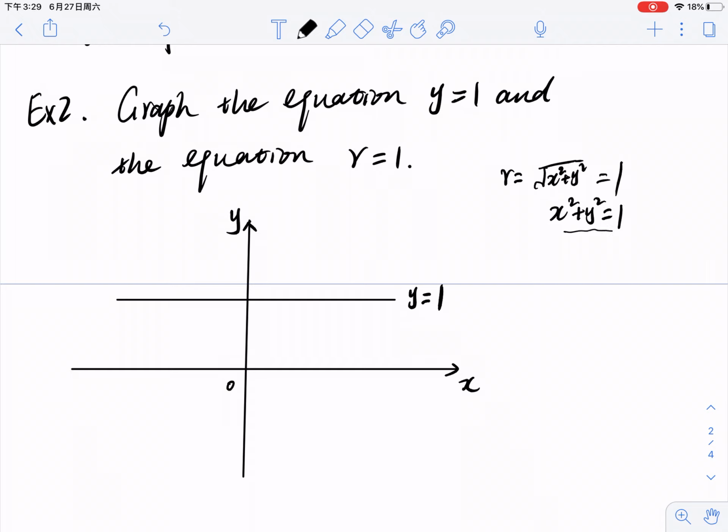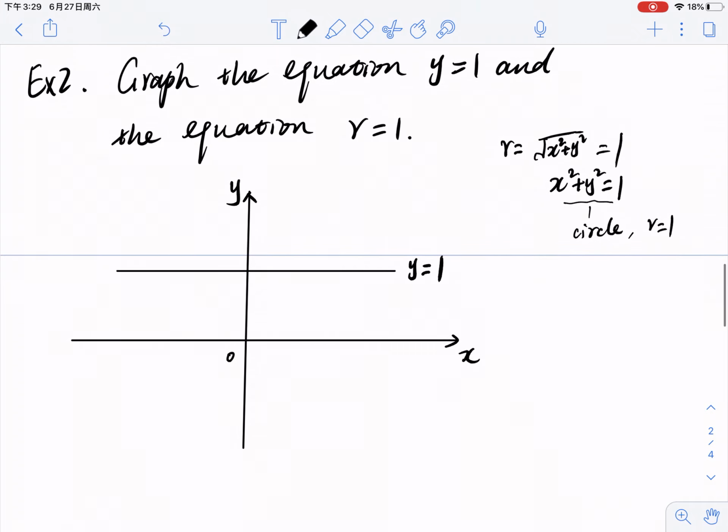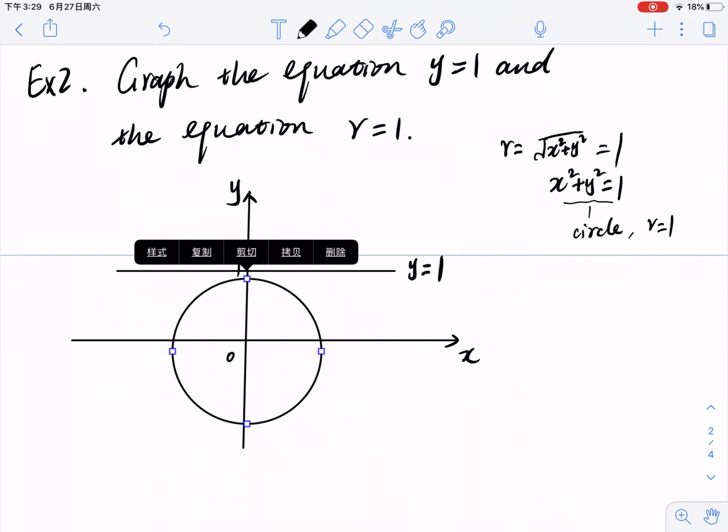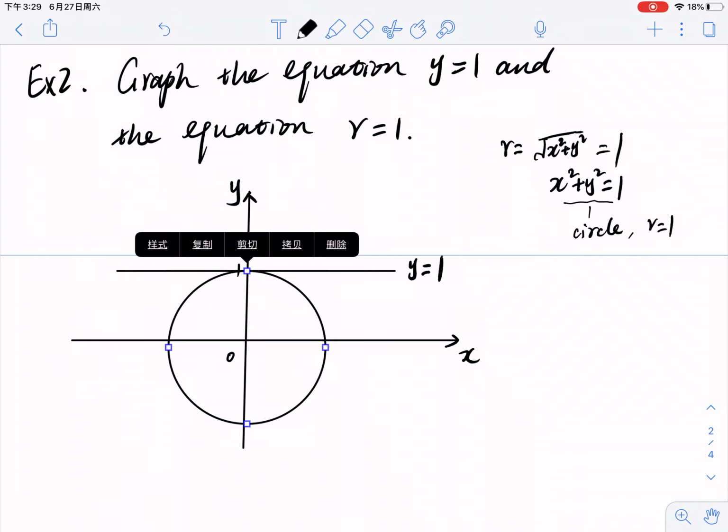So this is a circle centered at the origin, and the radius is 1. This is the unit circle, passing through 1, negative 1 on each axis. This is the graph of the equation r is 1. It's the unit circle.